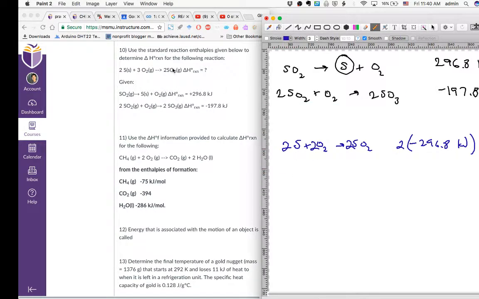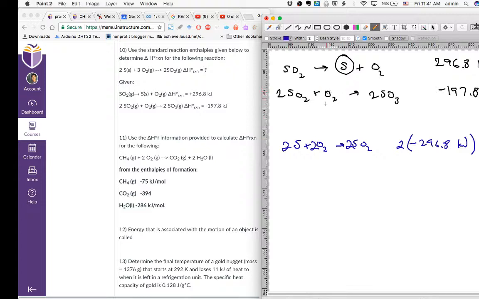Good. The next thing I need are 3 oxygens. I only have 2 oxygens here. Where can I get another one? Right there. But let's see. If I do that, well, let me try it, and then if I end up having to undo it, then I'll show you that too.